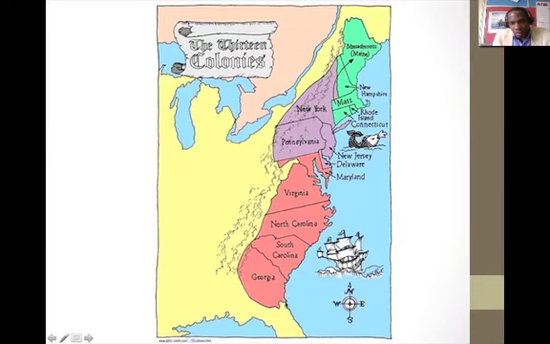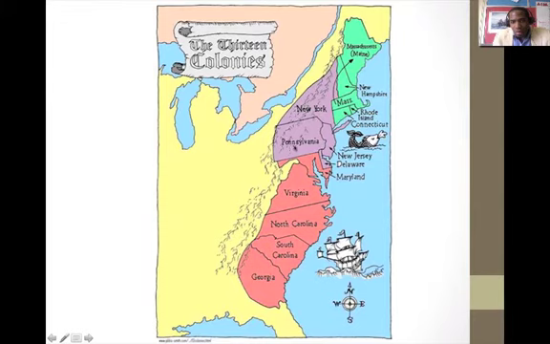Here's an example of this trade where the southern colonies, we have Maryland and Virginia, North Carolina, South Carolina, and Georgia. These had long growing seasons. This was the southern colonies. This is where they grew a lot of their crops. And what they did with the crops was they sold them to places up in Europe.